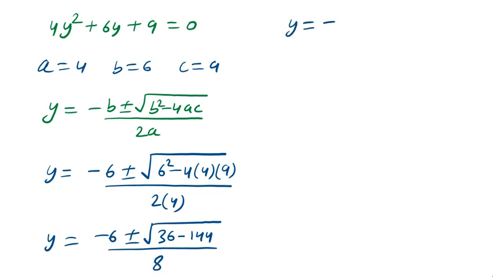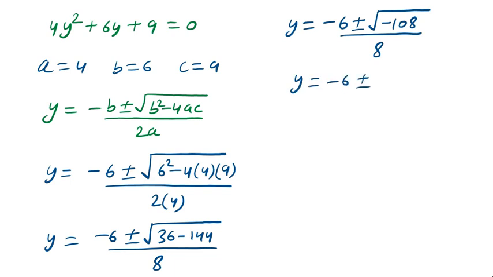Then y is equal to minus 6 plus minus square root of 36 minus 144, which is equal to minus 108, over 8. Then y is equal to minus 6 plus minus, we can write square root of minus 108 as a product of 36 times 3 times minus 1, over 8.